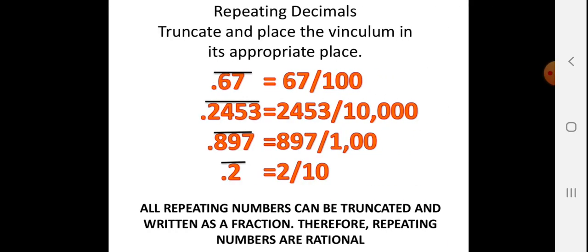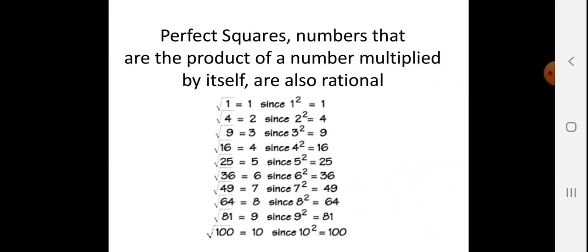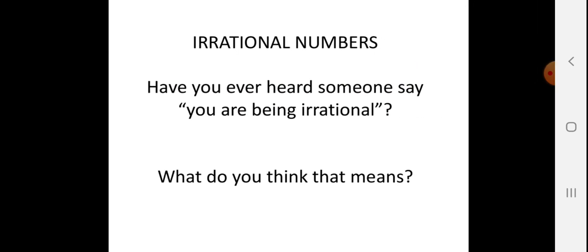Repeating decimals can be written in this form. Now you know the perfect squares from 1 to 10. So whenever you take the root of numbers like under root 4, under root 36, under root 81, they are rational numbers because they are the perfect square of some number.